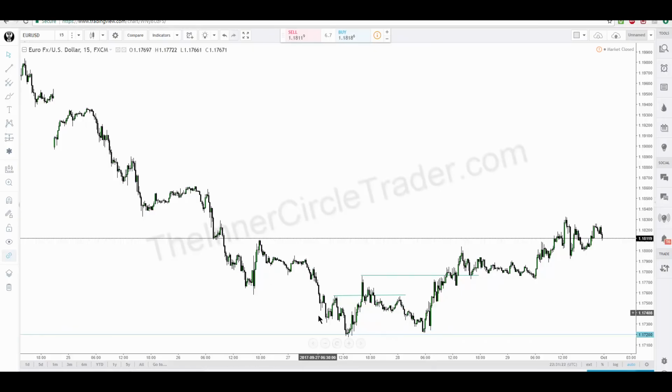Price trades away, came back to the consolidation, distribution, redistribution, smart money reversal, low risk buy. And here we're looking for another area to buy, or another area of accumulation or reaccumulation to take us above this consolidation. Now, what I just described to you is a market maker buy model.